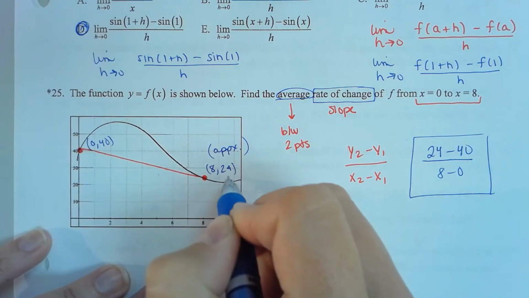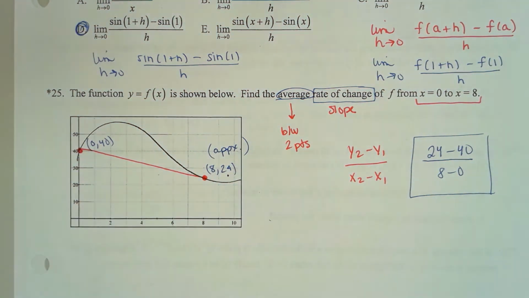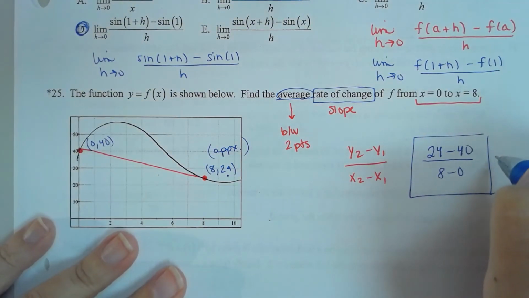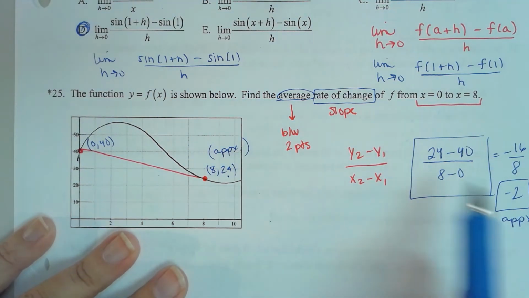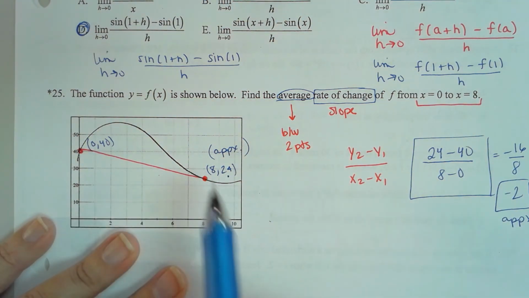The graph is not very clear, that 24. So I don't know what I put on my answers, if I did like a 25. Honestly, I don't remember. Good news here, 24 minus 40 is negative 16. Negative 16 divided by 8 is negative 2. So again, this is an approximated value. I should have said estimate because of having to eyeball that y value there.